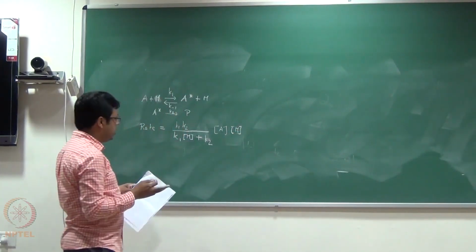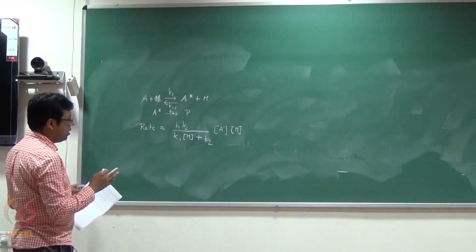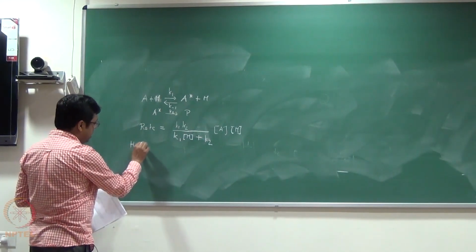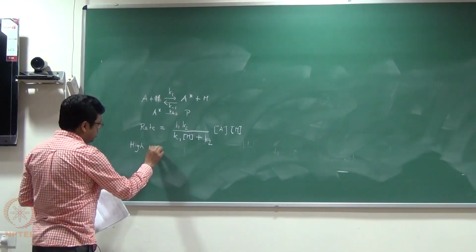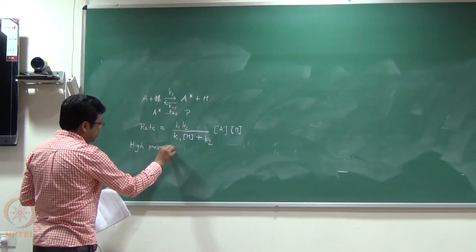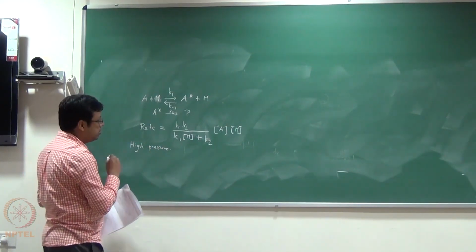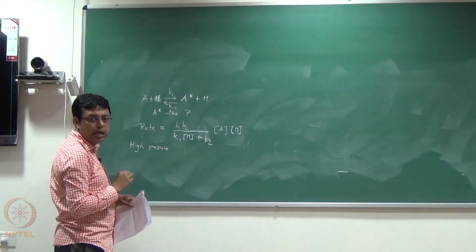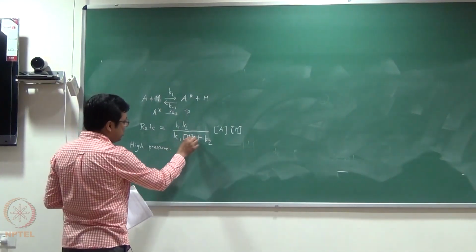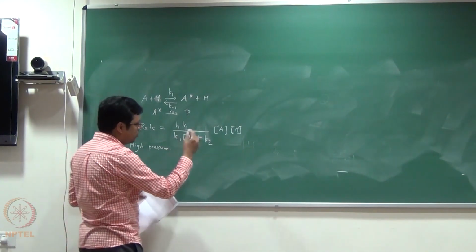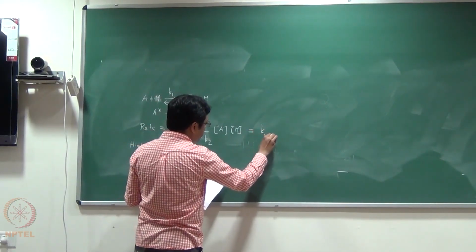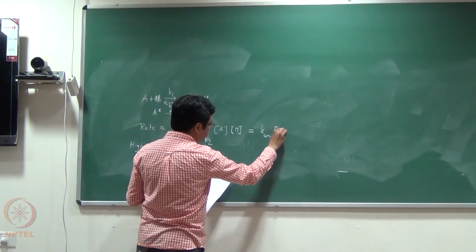Okay. Now we can quickly see, if I have a high pressure limit, because these initially were all done for the gas phase, what will happen for the high pressure? High pressure means actually the concentration of M is very high. So before going to that, we always write it as something like k unimolecular equilibrium.